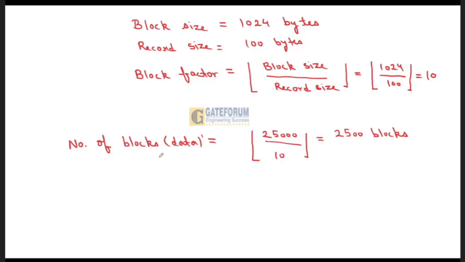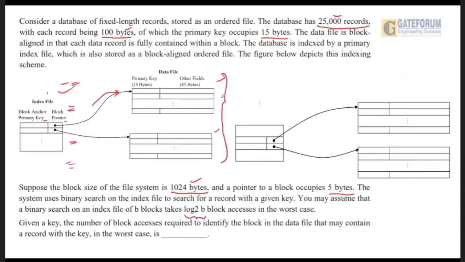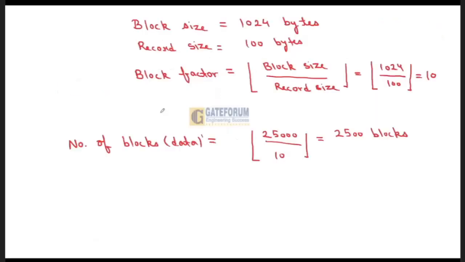Now we know that in the data part, total 2500 blocks are there, and on these blocks we have to do the indexing, right? So now we have to see, whenever we take an index block, what will be the block factor of the index block?